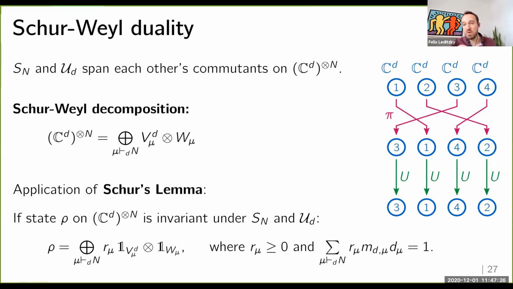Okay, if I have a state, and we identified before that our states in the state discrimination problem have these symmetries, they are invariant under these two group actions, right? And so using this, we can actually now infer that they have a very simple structure, and the number of degrees of freedom in these states is actually very little compared to the full dimension of the space. Okay, so that's the huge gain that we have when we use symmetries.